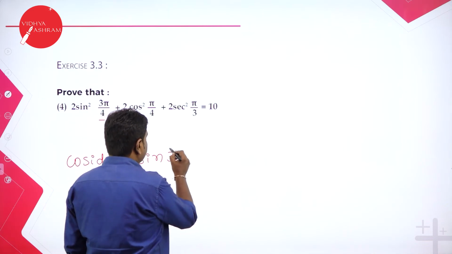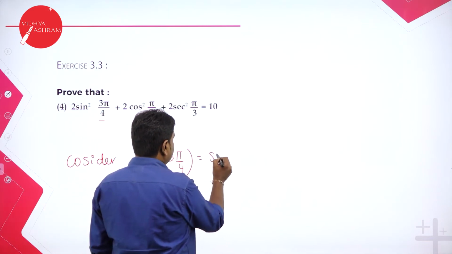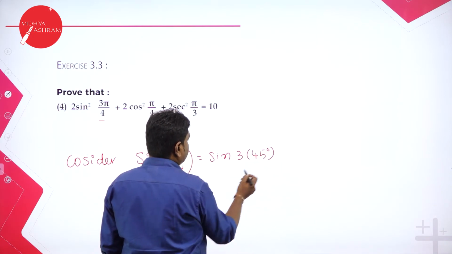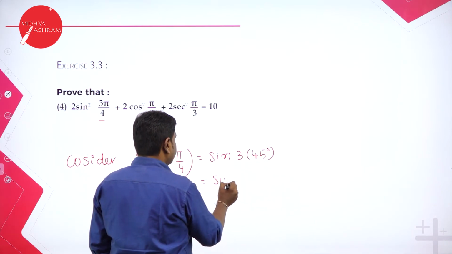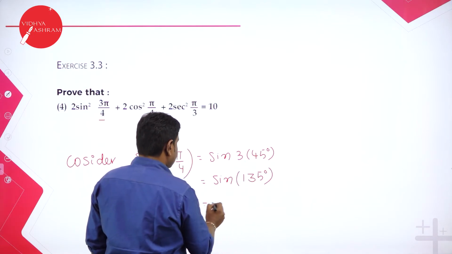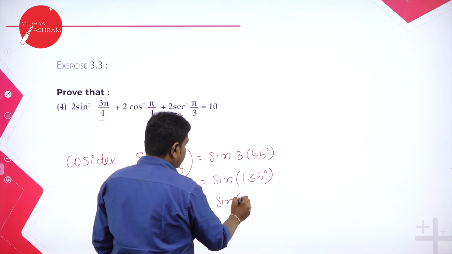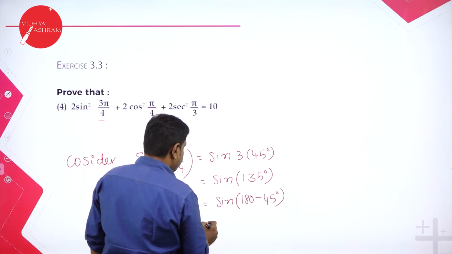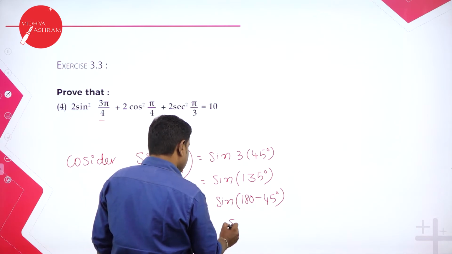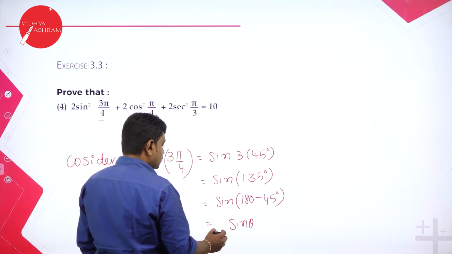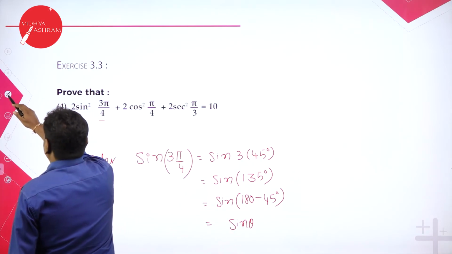Sine 3 pi by 4 is equal to what? Sine 3 times 45 degrees, that is sine 135 degrees. That is sine of 180 minus 45 degrees. Sine of 180 minus theta is sine theta.